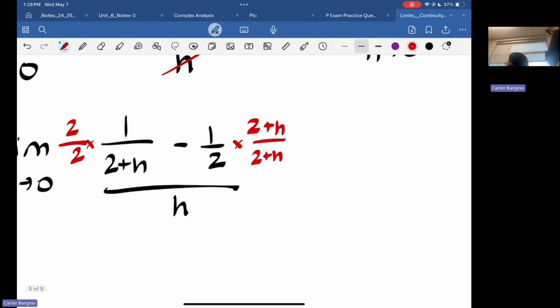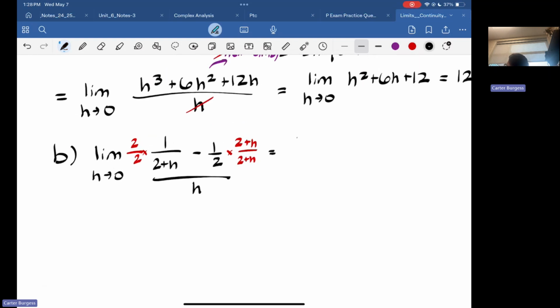In doing so, I get that this is the limit as h approaches 0 of 2 over 2 times 2 plus h minus 2 plus h over 2 times 2 plus h, all divided by h.